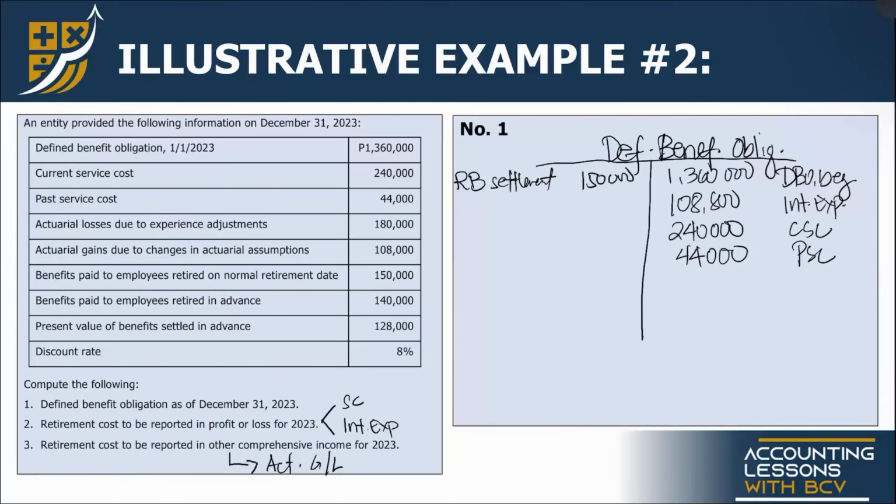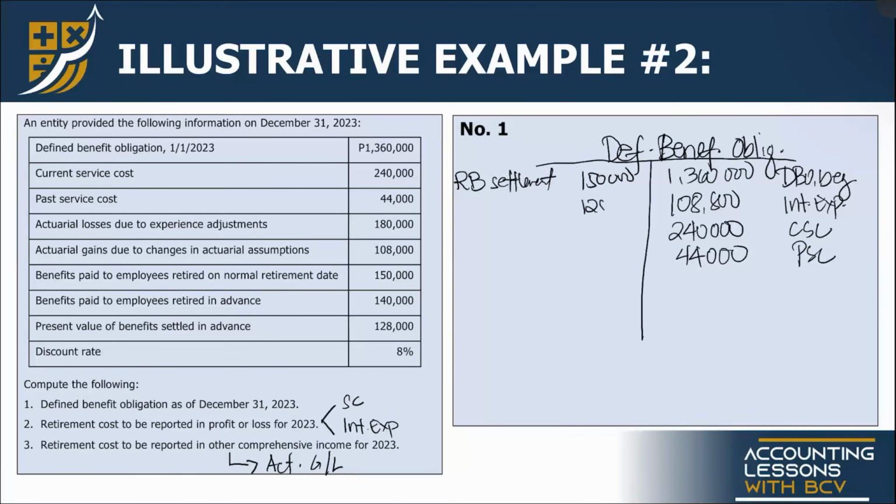No? Tapos, pagdating naman kay premature settlement, nagkakaroon ng difference yung settlement price at yung present value of benefits settled. So, alin sa dalawa ang ilalagay natin kay DBO? Is it the 140K, which is the benefits paid, or the present value of benefits settled in advance? Answer natin, yung present value.